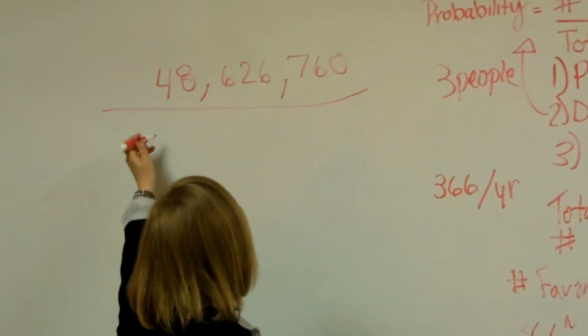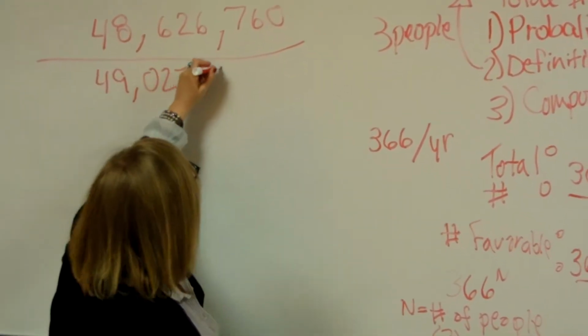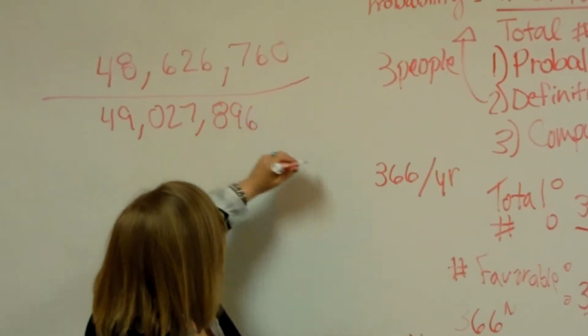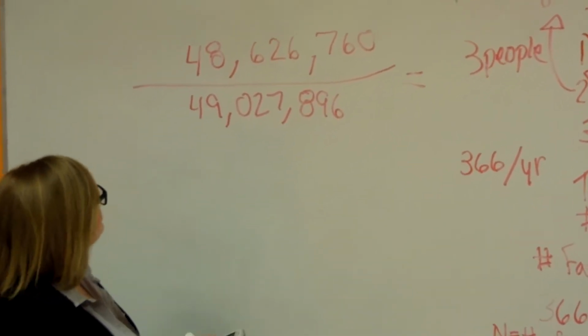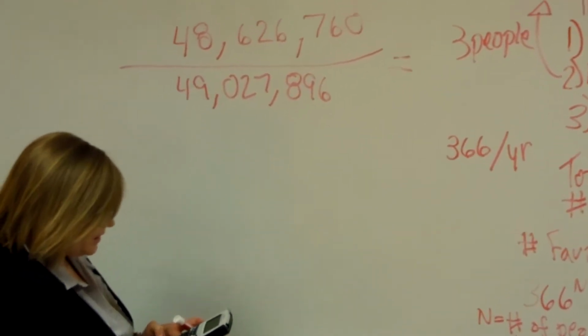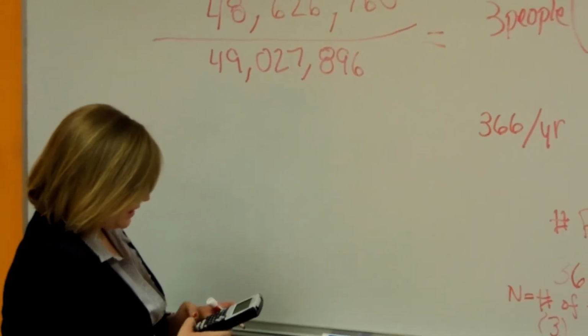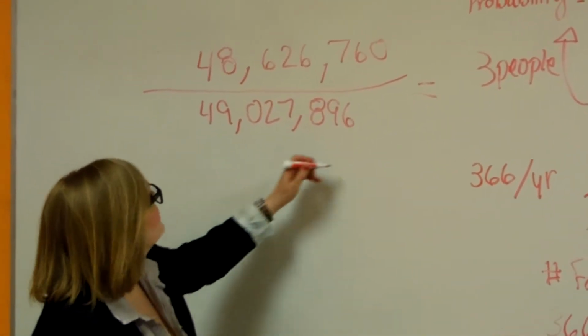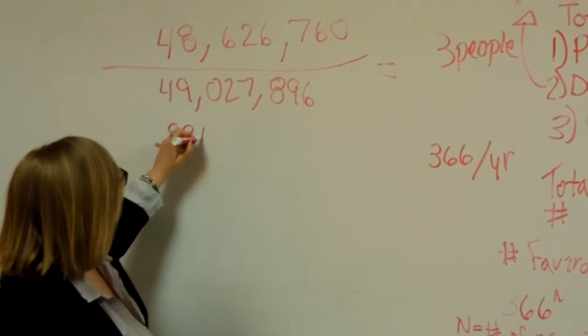And so we have our 49 million 27,896. All right, trusty calculator, here we are. Do your stuff. 49,027,896. All right, so when we put this in the calculator, we get 0.9918.